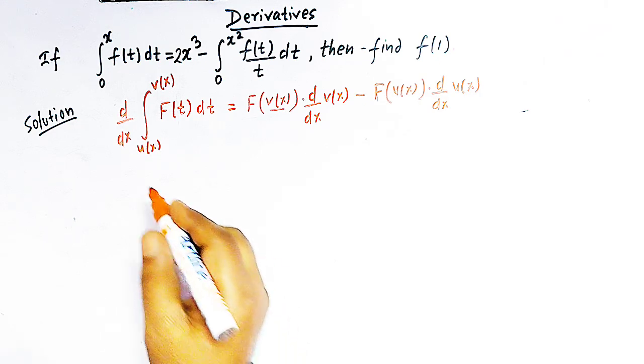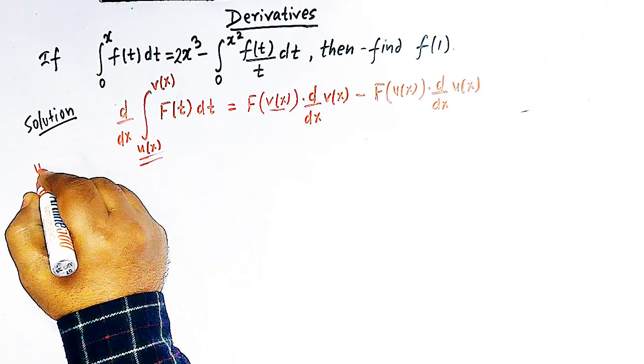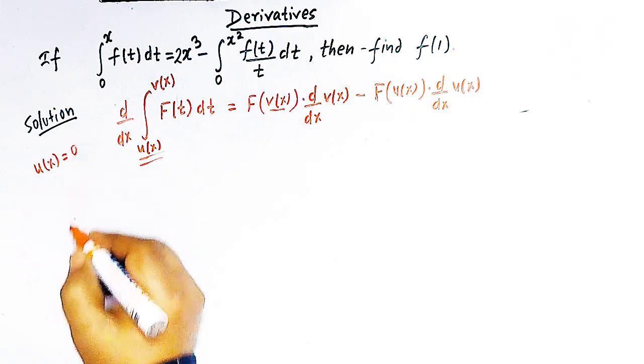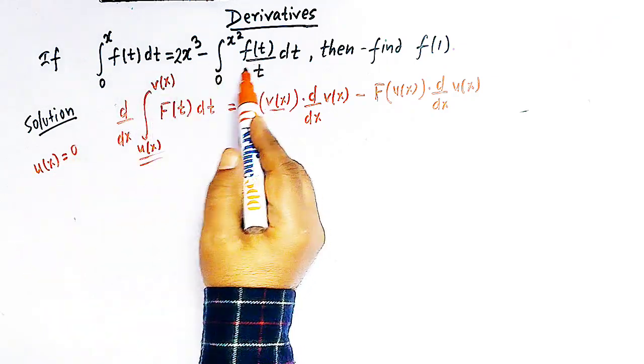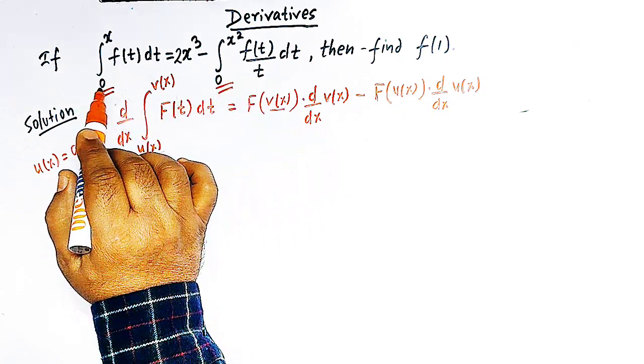Now consider the special case when the lower limit, that is u(x), is equal to 0. In the given problem here we have the lower limit as 0.